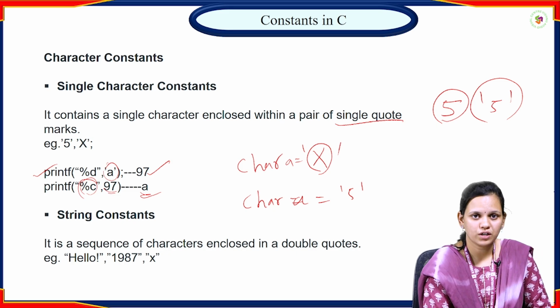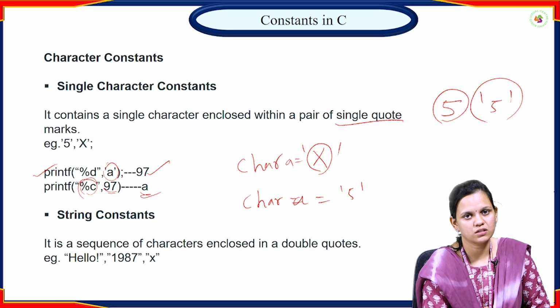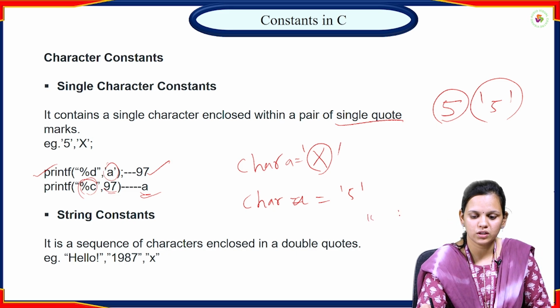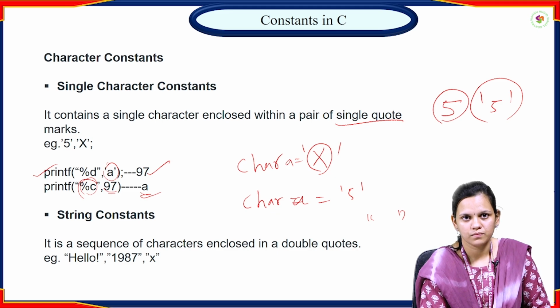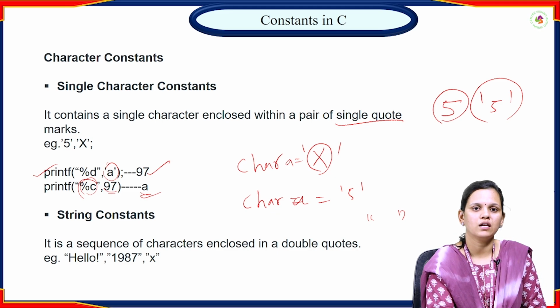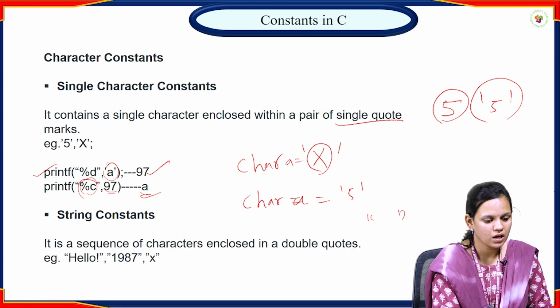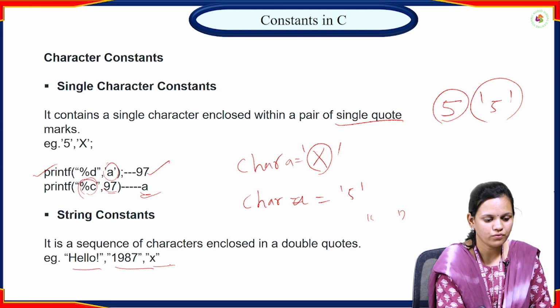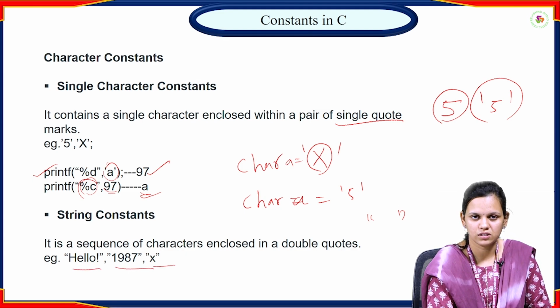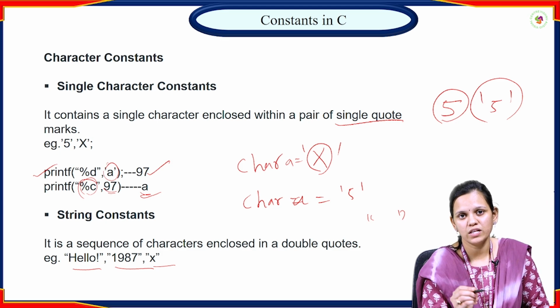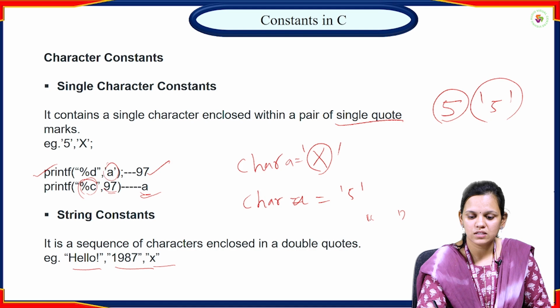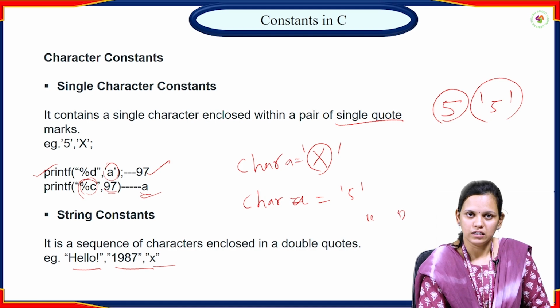String constants are always denoted within double quotes. Let us discuss these strings in detail in the upcoming classes. These are examples of strings. Strings are nothing but a sequence of characters, always denoted using double quotes.